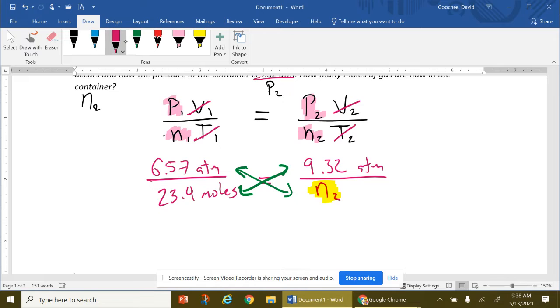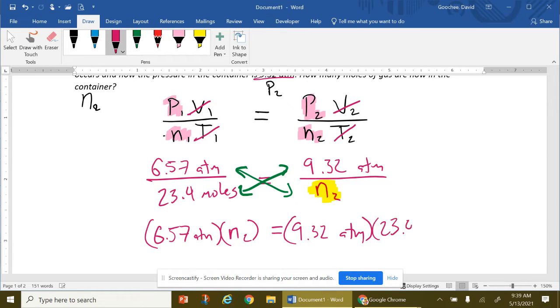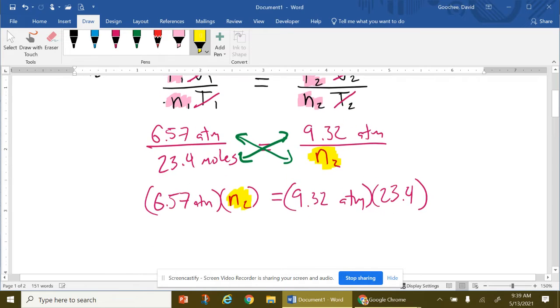So 6.57 times n2 equals 9.32 atmospheres times 23.4. Okay, very good.